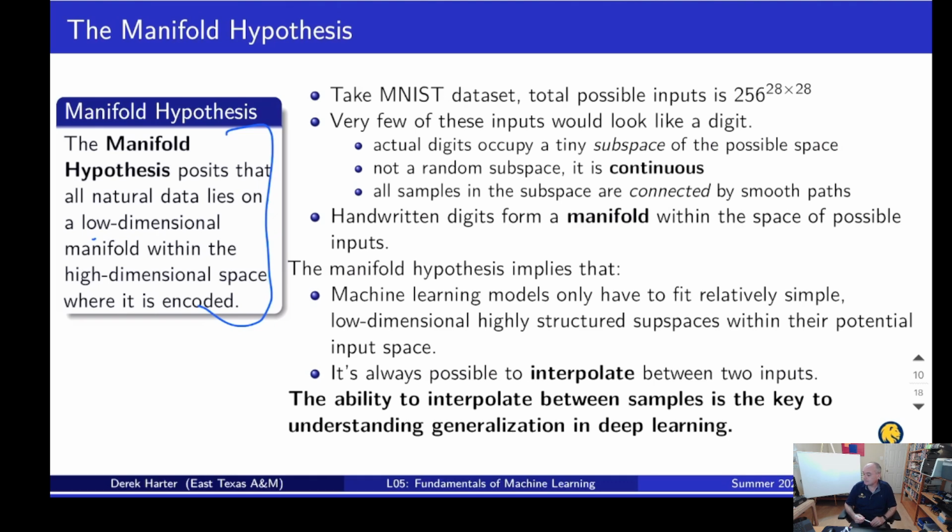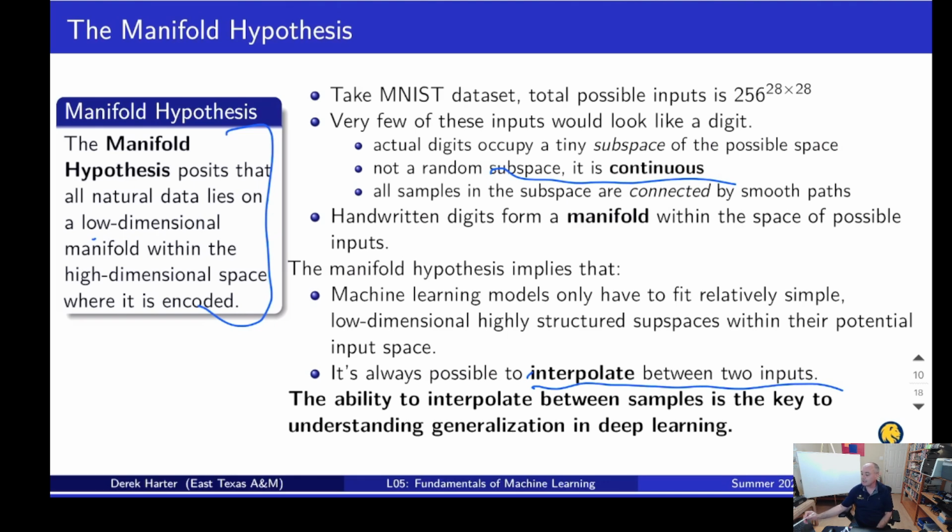Further, that manifold is smooth in some sense, right? So the points that are possible in the manifold are going to be connected. So that makes it possible for machine learning and deep learning to work. The models only have to fit a relatively simple low-dimensional manifold within that large space. And since the subspace seems to always be relatively smooth and continuous, it's possible to interpolate between any 2 points.